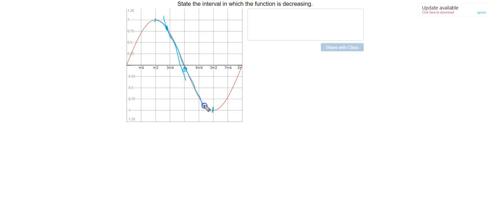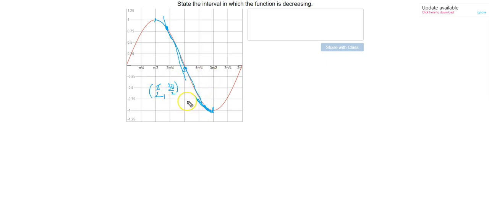What if I took 2 points like here and here? Well, that secant line would not be as steep, but still they would be decreasing from pi over 2 to 3 pi over 2. That would be a decreasing interval.